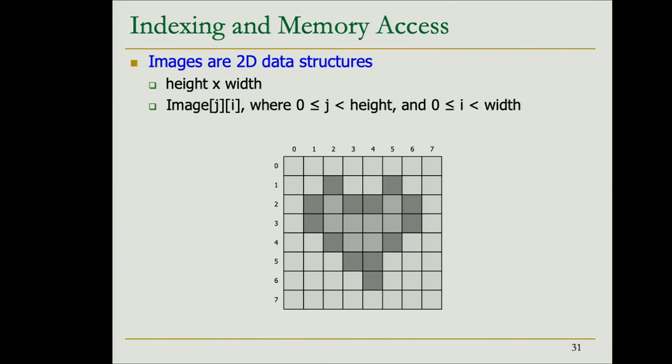When we want to refer to any of these pixels, as it is a two-dimensional data organization, we write image[j][i], with j the row and i the column. So for example, this one here is image[2][1], or this one is image[0][1], and this one is image[1][2].